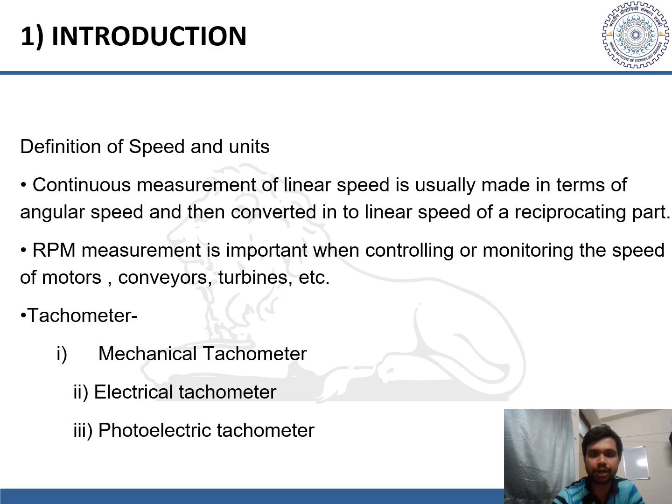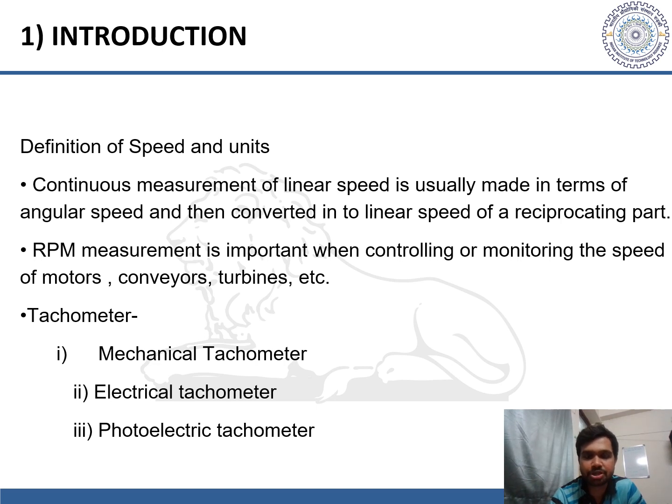Now let's go through the introduction. First of all, speed is defined as rate of change of motion. Linear speed is expressed in units of meter per second or kilometer per hour, and angular speed is expressed in units of revolutions per minute or radian per second.